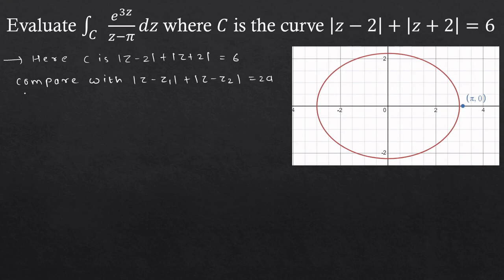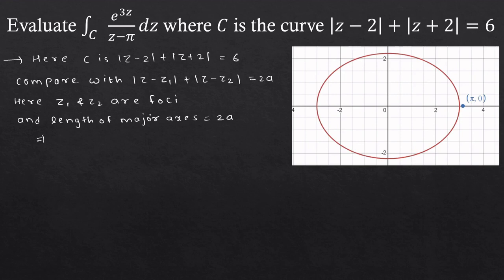Now here, z1 and z2 are foci, and the length of the major axis is equal to 2a.